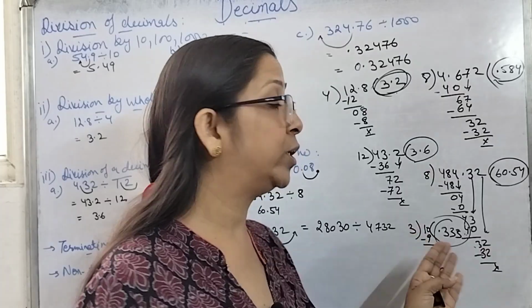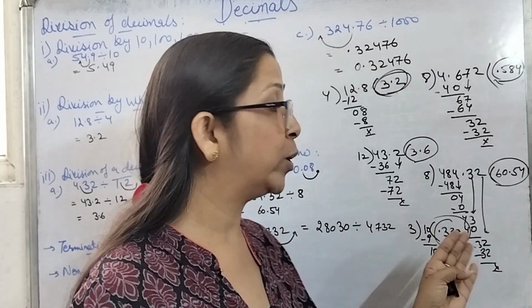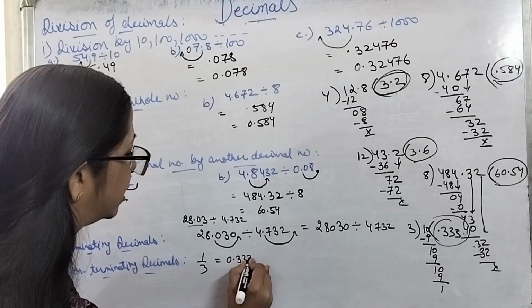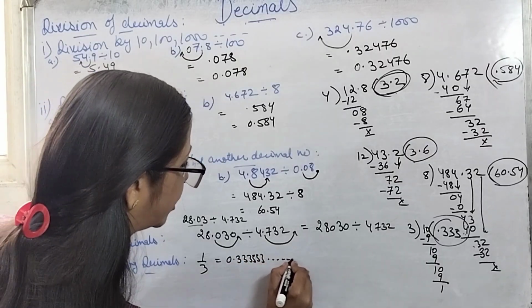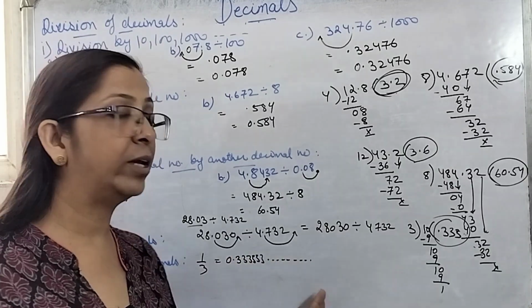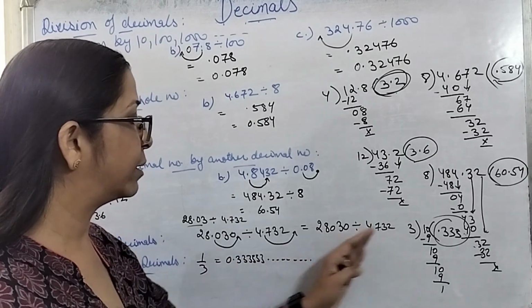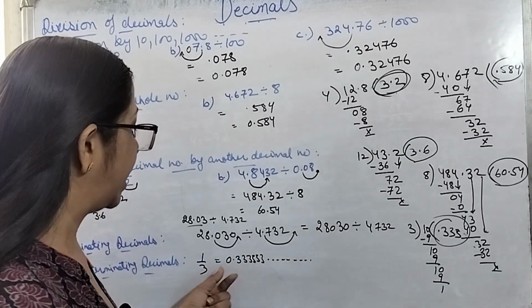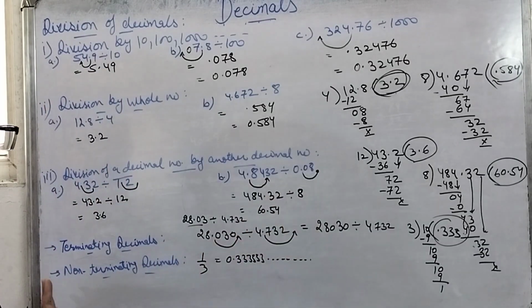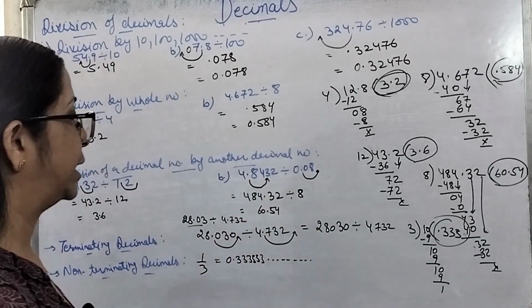It is not 0.33 also. It is not 0.333 also. It is 0.3333..., it is not going to come to an end, and we represent it by dots. That means the division will not come to an end, the remainder will never come to 0, and that's the reason the division keeps on moving. Such quotients are known as non-terminating decimals.